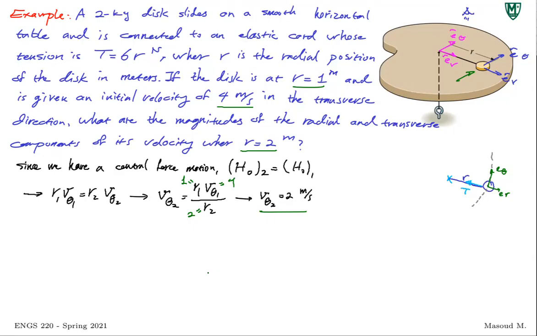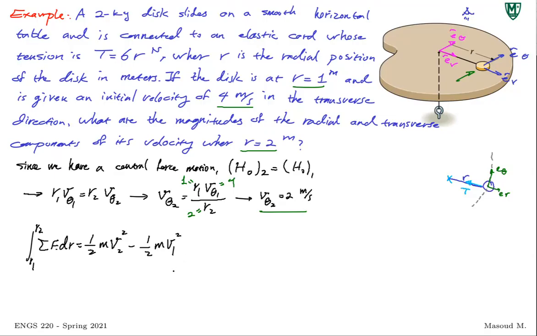So I'm going to use the energy method now. Let's see where that takes me. From R1 to R2, the integral of F dr is equal to 1/2 m v2 squared minus 1/2 m v1 squared.